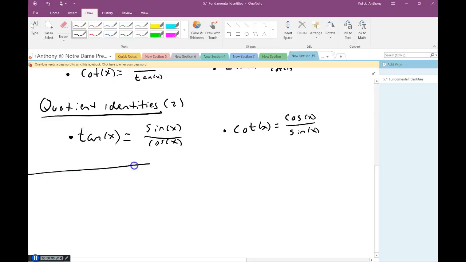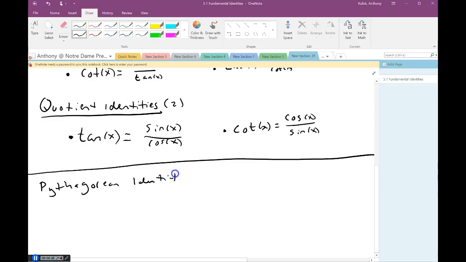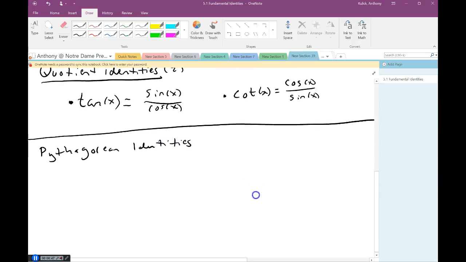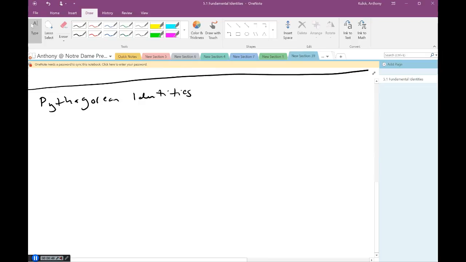What I want to do now is to introduce the Pythagorean identities. And the first one is sine squared plus cosine squared equals 1.